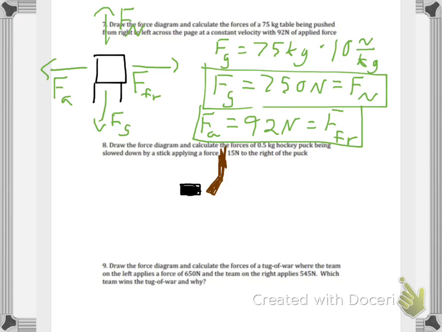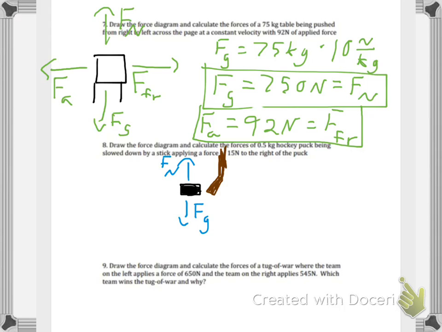So now we get to our forces here. We'll always have that force due to gravity, and then since it's going to be on the ground, we have the normal force, equal and opposite to counter that. And now the hockey stick is applying a force of 15 newtons to the right of the puck.